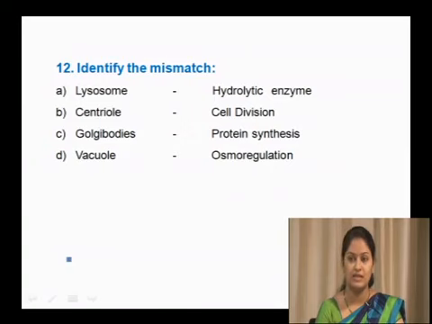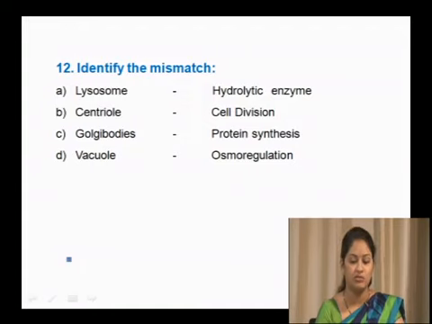Protein synthesis is directly associated with ribosomes or the rough endoplasmic reticulum which on its surface has the ribosomes. Golgi body has nothing to do with this particular function. Its main function is secretion, transportation, detoxification as well as packing of biomolecules.